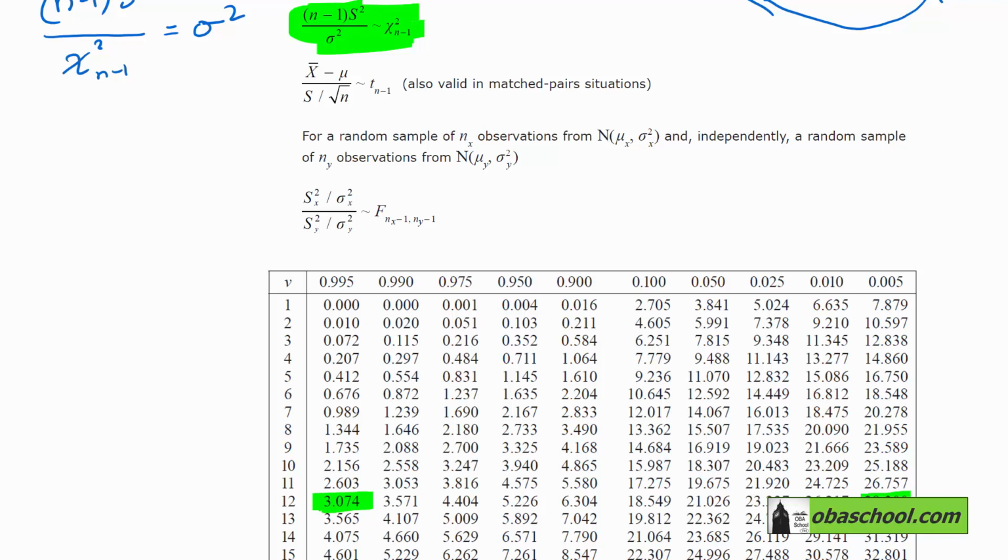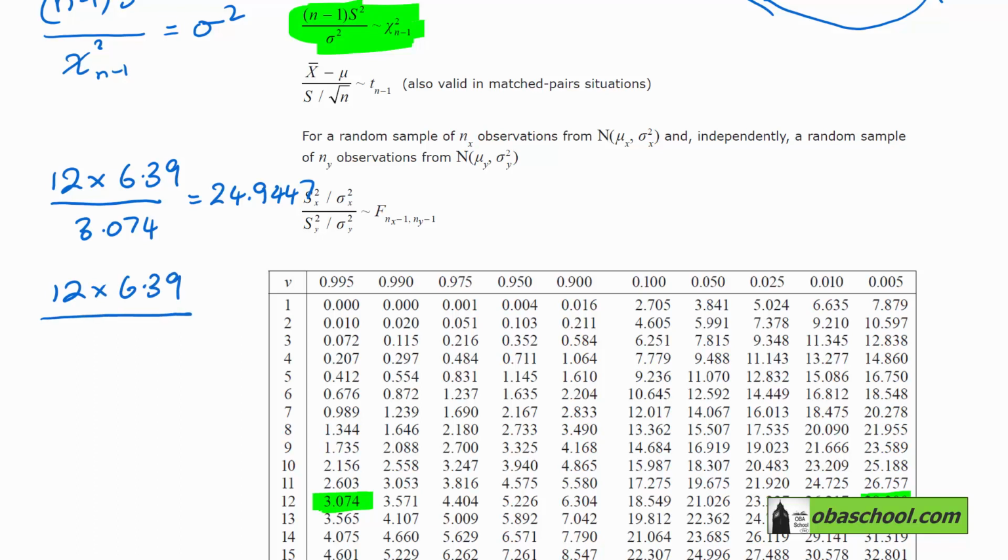So we're going to do 12 times 6.39 divided by 3.074, and that gives me 24.9447. And then we'll do 12 times 6.39 divided by 28.300, which is 2.7095.